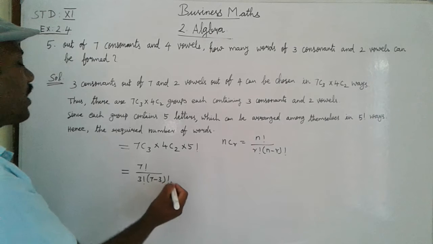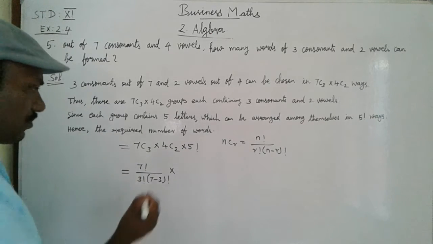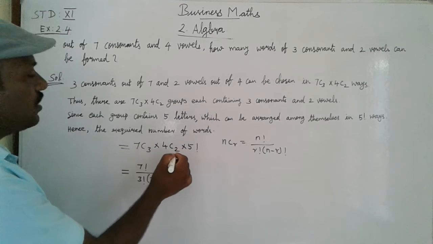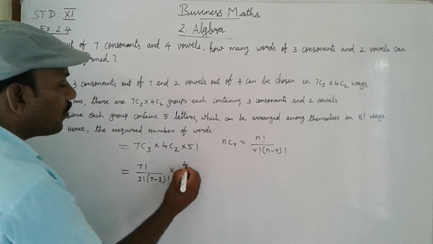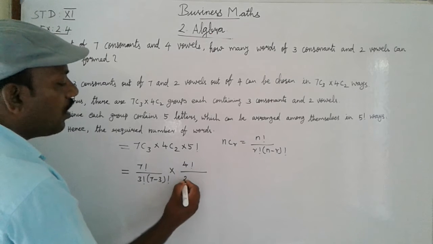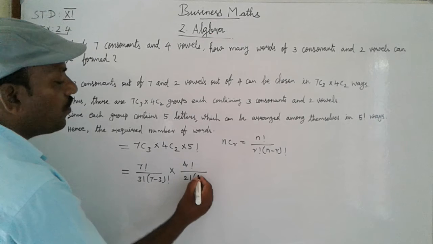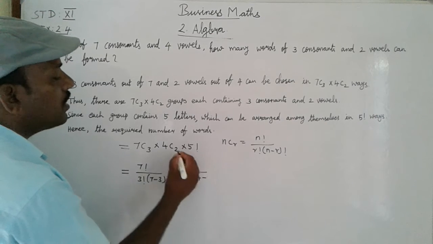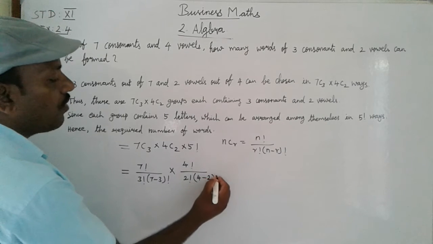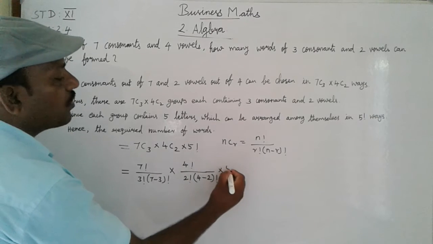So 7 minus 3 factorial into 4c2. n is 4, r is 2. So 4 factorial divided by r factorial, r is 2 factorial. Next n minus r, n is 4 minus r is 2. 4 minus 2 factorial into 5 factorial.